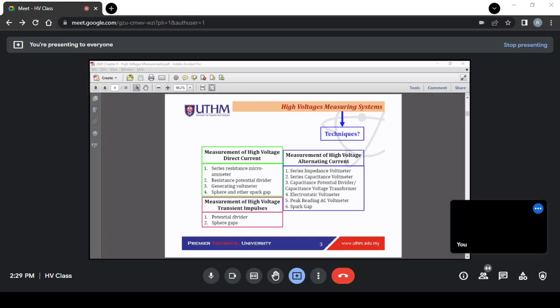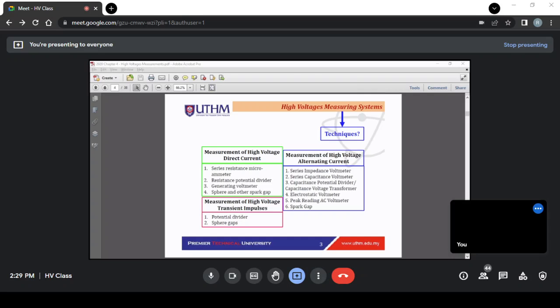We will use the capacitance or potential divider, or we can call it voltage transformer. This is what I told you before. The fundamental to measure high voltage is to reduce the very high magnitude to a smaller range of voltage, so that it becomes measurable by a probe.